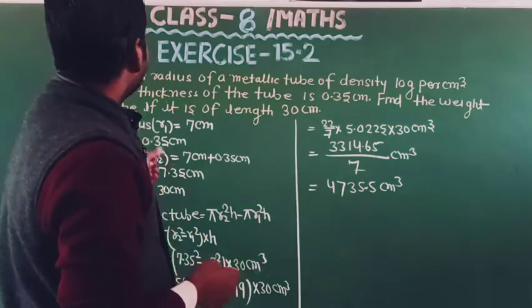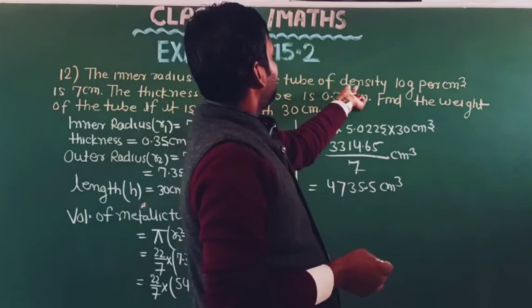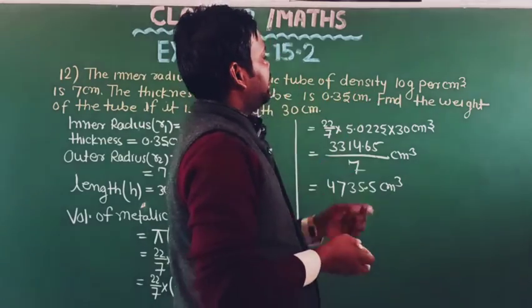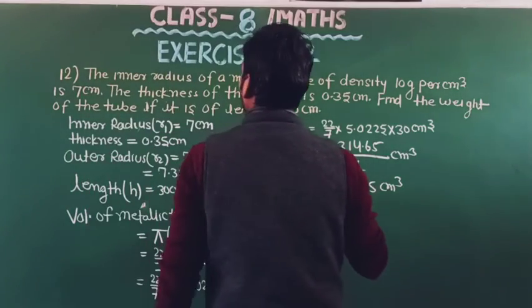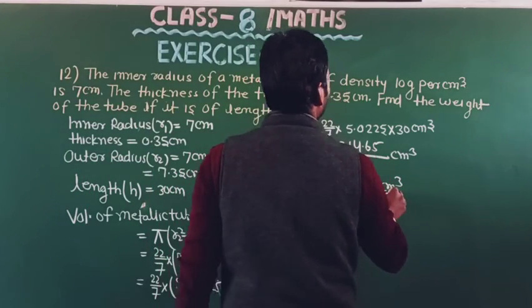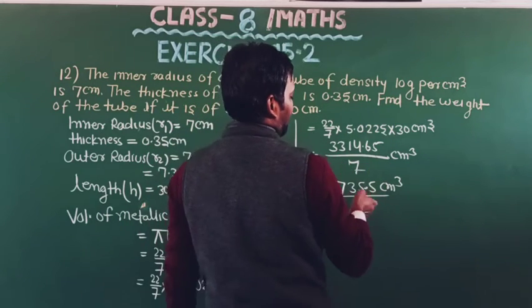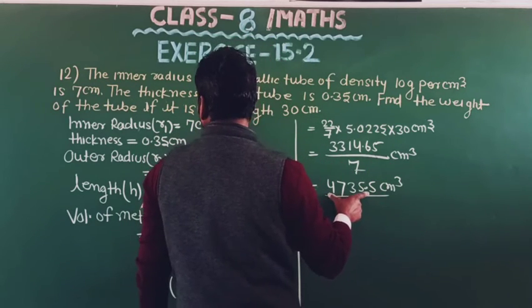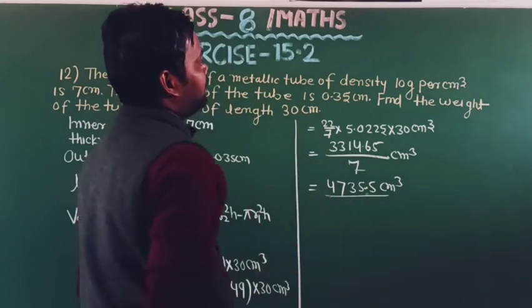And here the density of the tube is given as 10 gram per centimeter cube. So the total weight of the tube means we need to multiply the volume of the metallic tube by 10 gram.